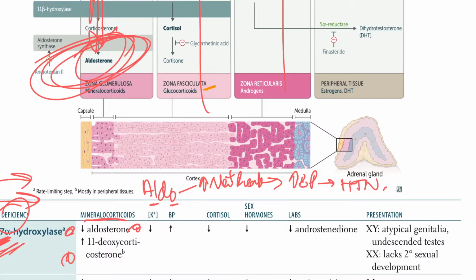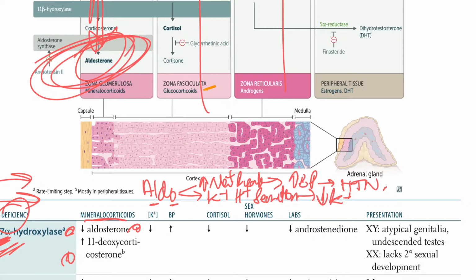That's one thing. But also aldosterone dumps out or secretes potassium and hydrogen ions into the renal tubules, causing low potassium levels. That's just normal physiology of aldosterone, okay?